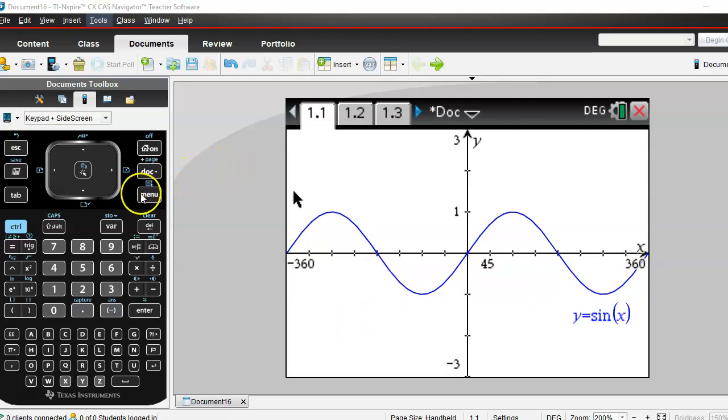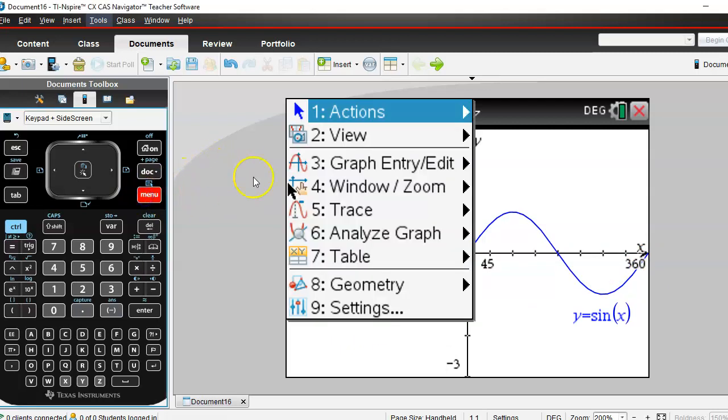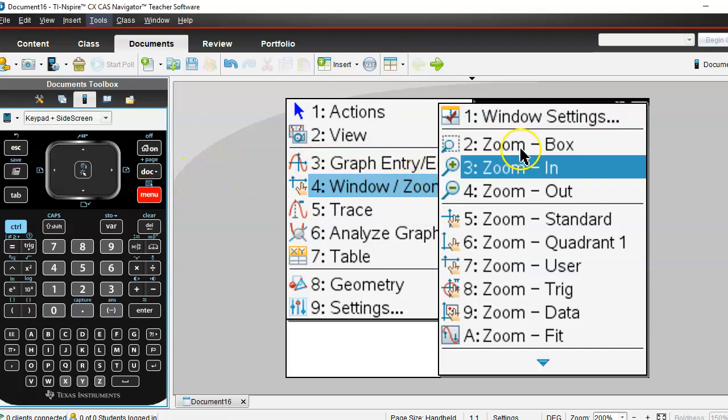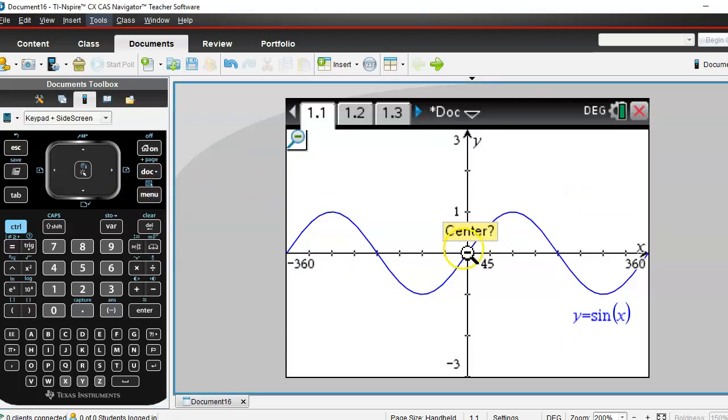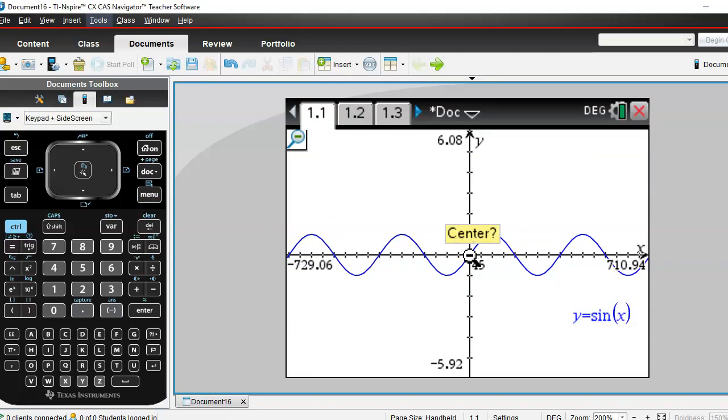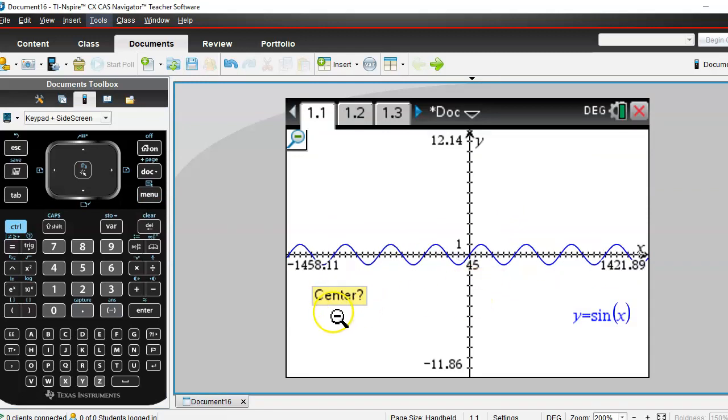Now I'll zoom right out a bit more. I'll just use the zoom out, center it here, and you can see how it cycles all the way through.